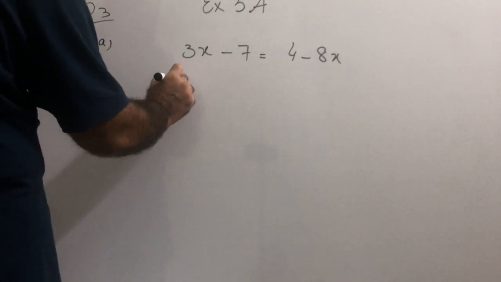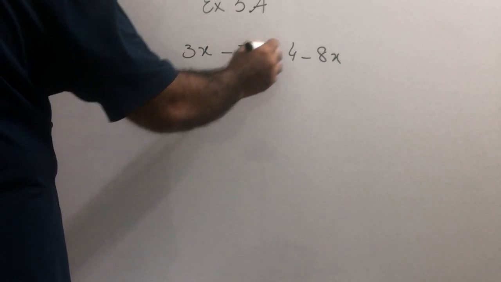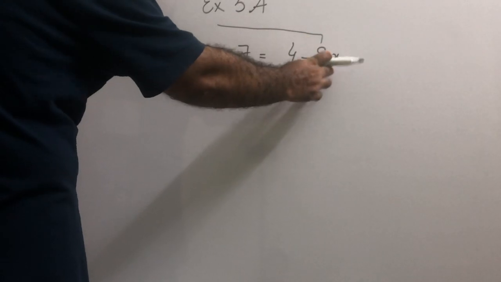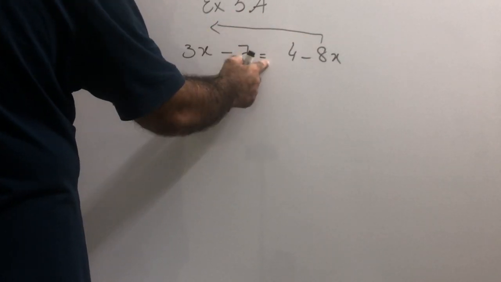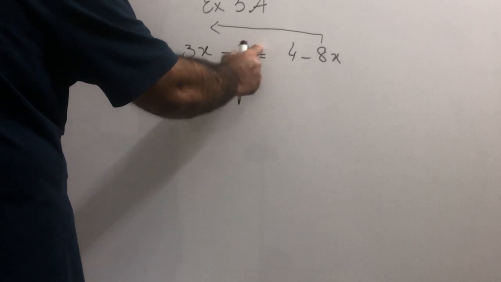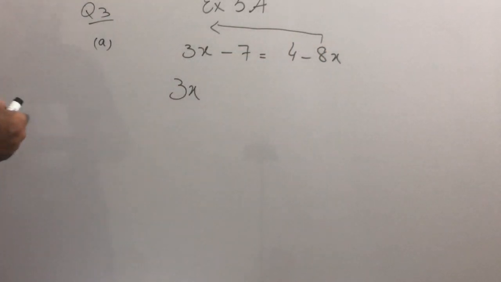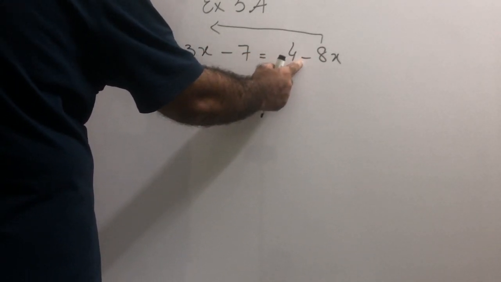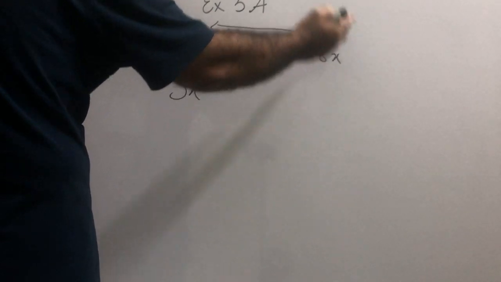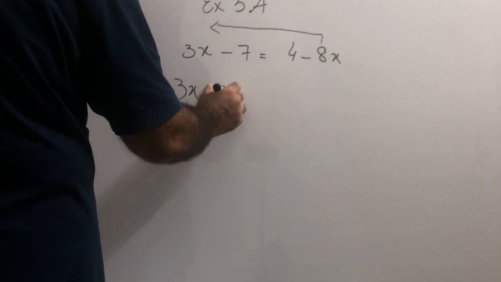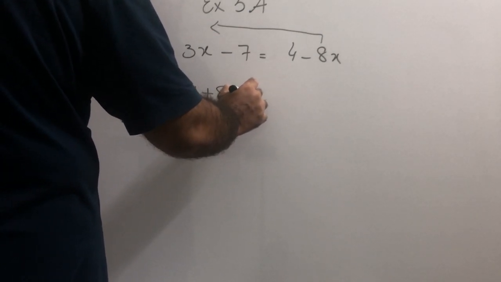So if this is 3x on this side, if we want to bring this 8x across this equation, let's suppose it is a bridge. When we need to cross the bridge, we need to do opposite things. If it is minus 8x, it is being subtracted here. When it goes to the other side, it will be added. So it becomes plus 8x, reverse sign, opposite side.